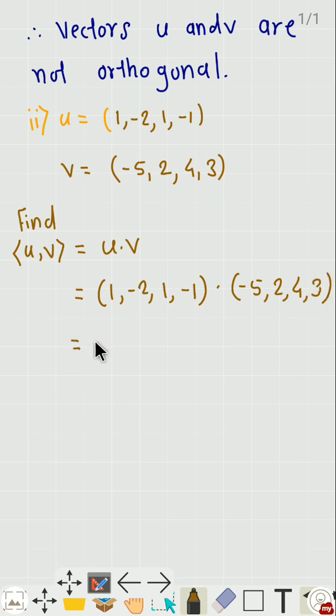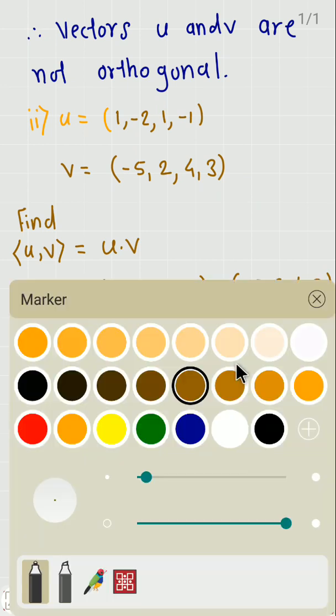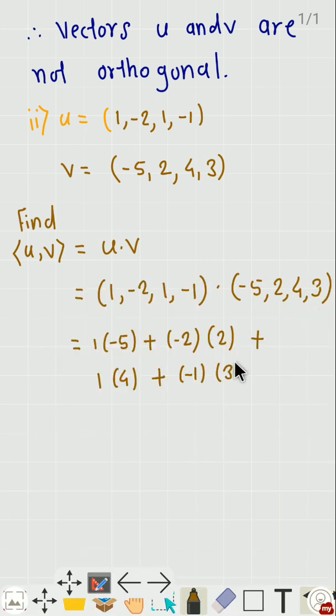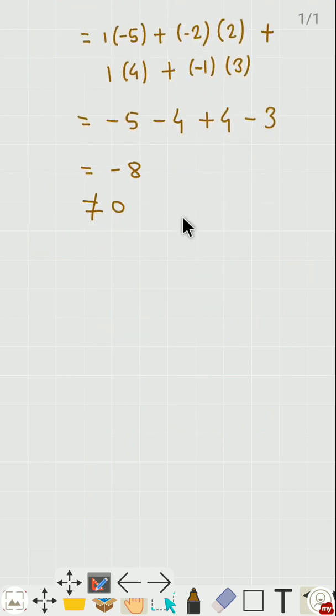It is equal to 1 into -5 plus -2 into 2 plus 1 into 4 plus -1 into 3, which is -5 - 4 + 4 - 3. So this is equal to -8, and it is not equal to 0. Therefore, in this case we say that vectors u and v are not orthogonal.